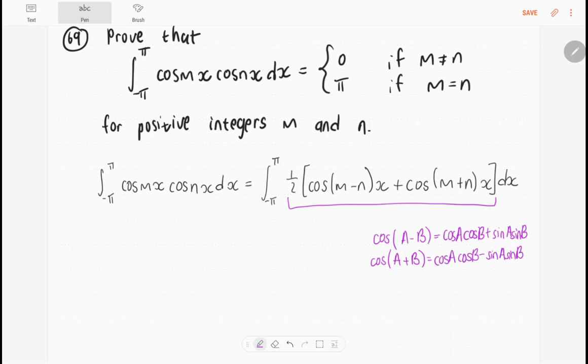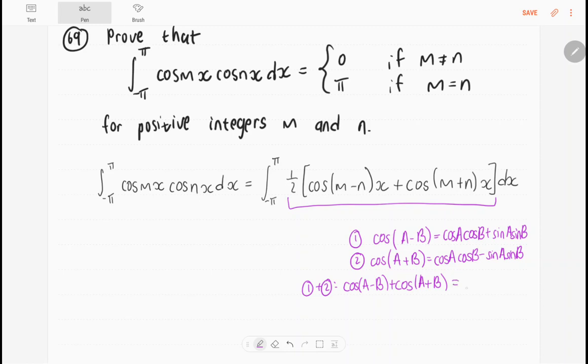If we then add equations 1 and 2 together, we are going to get cos of a minus b plus cos of a plus b. So let's just write that's equation 1, that's 2, and I'm taking 1 plus 2.